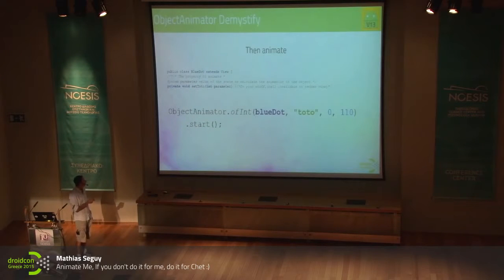Then I start, and it will animate, it will call my method setToto with a good frame rate, and it will give me the parameter from 0 to 110. So it's really easy to make, and then you have your animation launched.